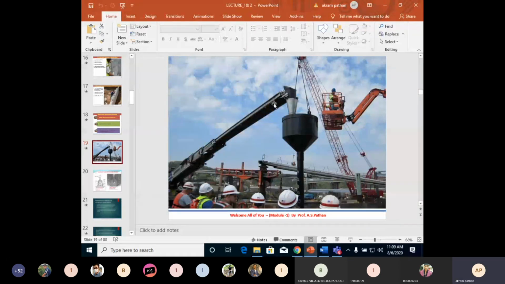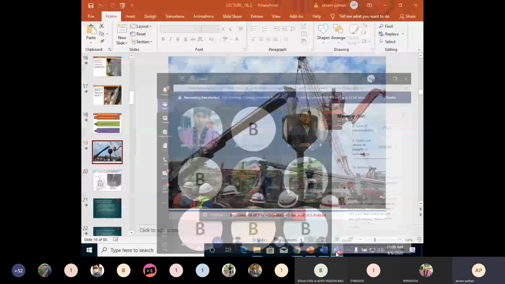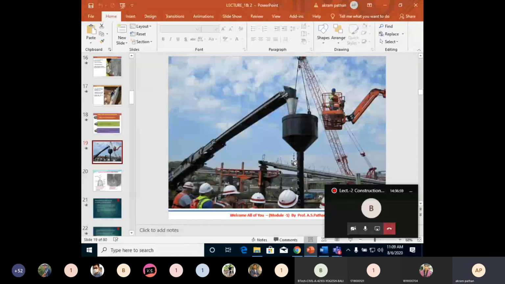From the RMC plant you have to bring the concrete, and with the help of this channel you have to fill concrete in this funnel. You do this activity until the pier is above the water surface. So this is about the Tremie method of construction of bridge piers, right?